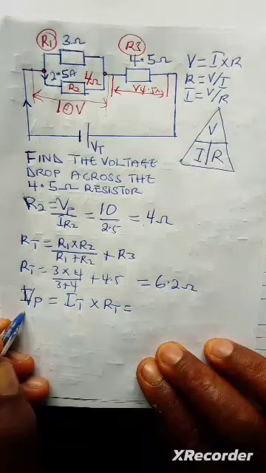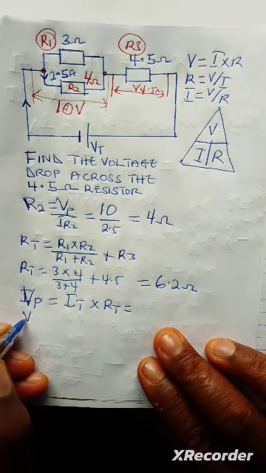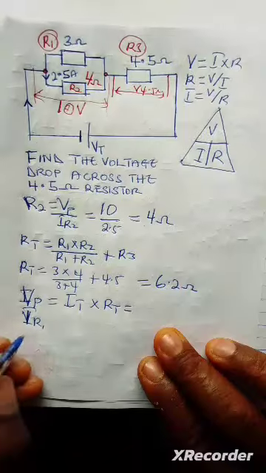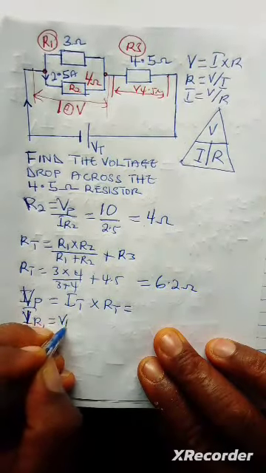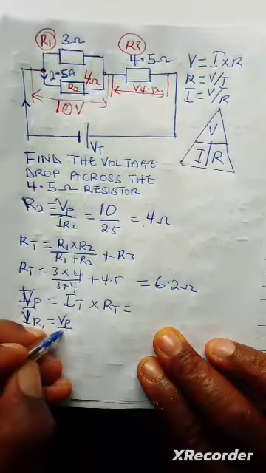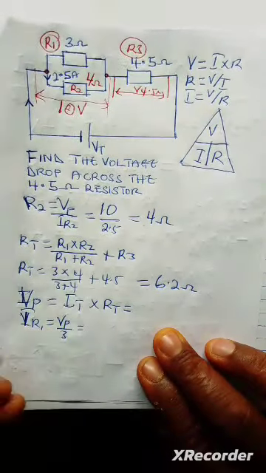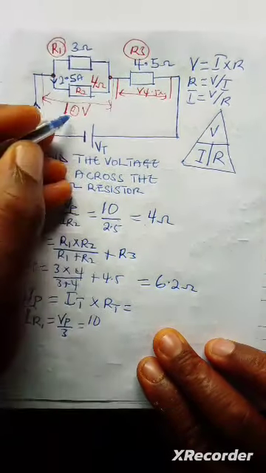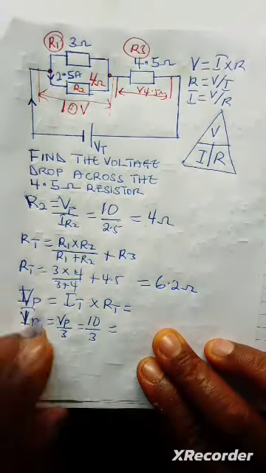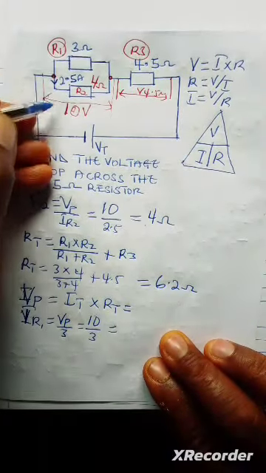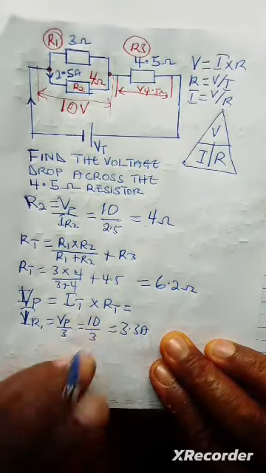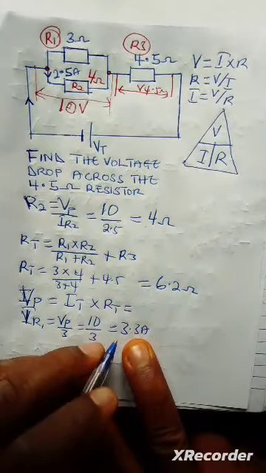The current across R1 equals the voltage across parallel, which is 10, over R1, which is 3. So 10 volts over 3. We have the current flowing in R1 as 3.3 amps.